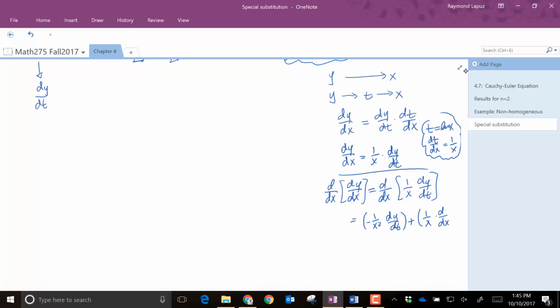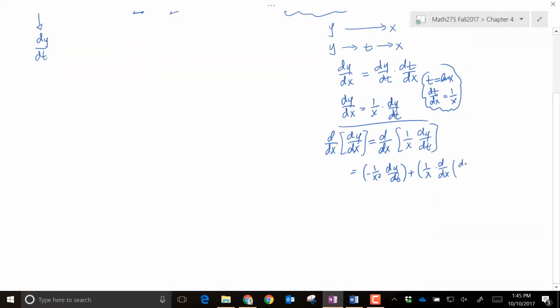What is that? So dy dt is a function of t, which is a function of x. So we're going to need the chain rule.